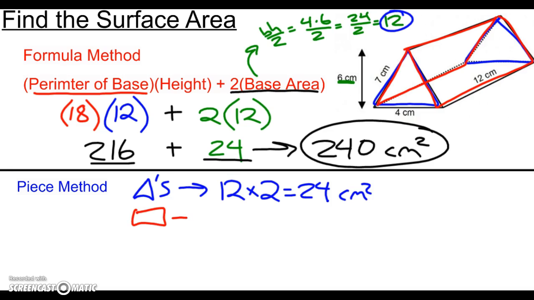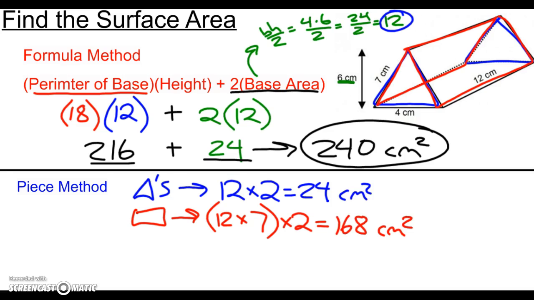So 12 by 7, and we have 2 of those. When I do 12 times 7 times 2, that comes out to 168 square centimeters.